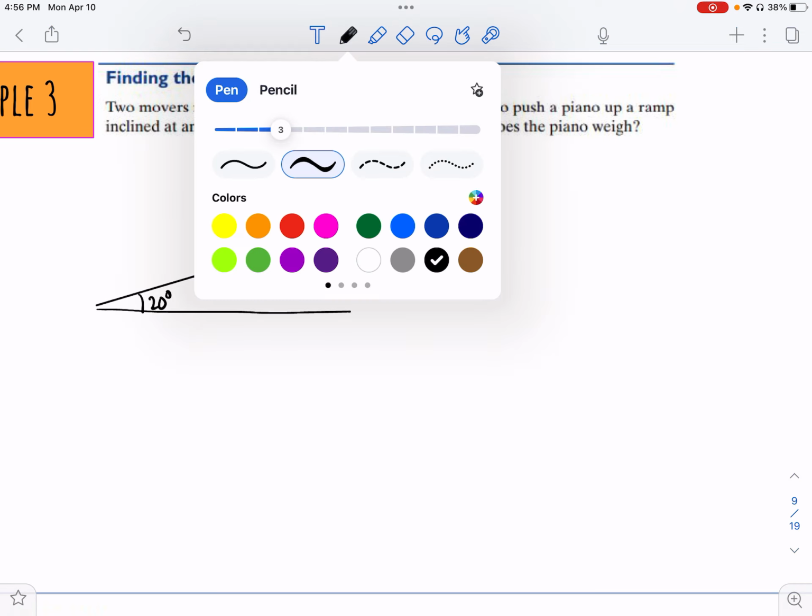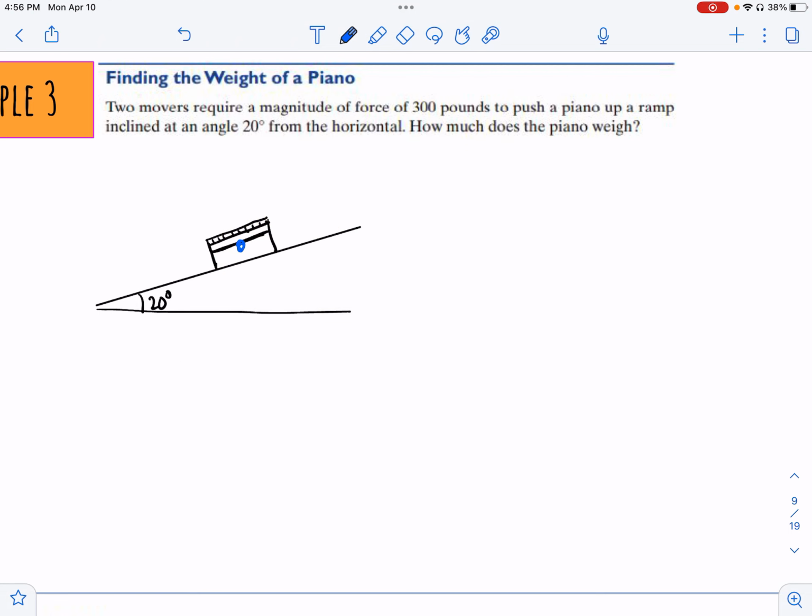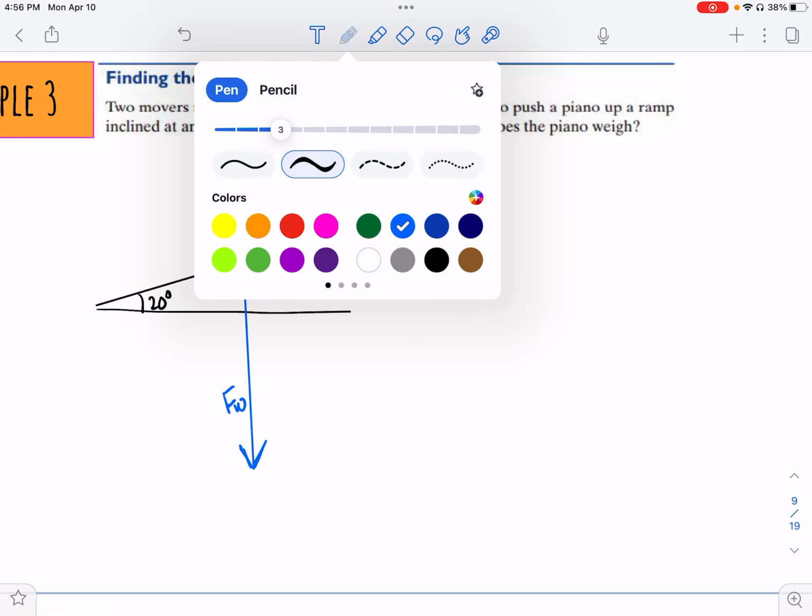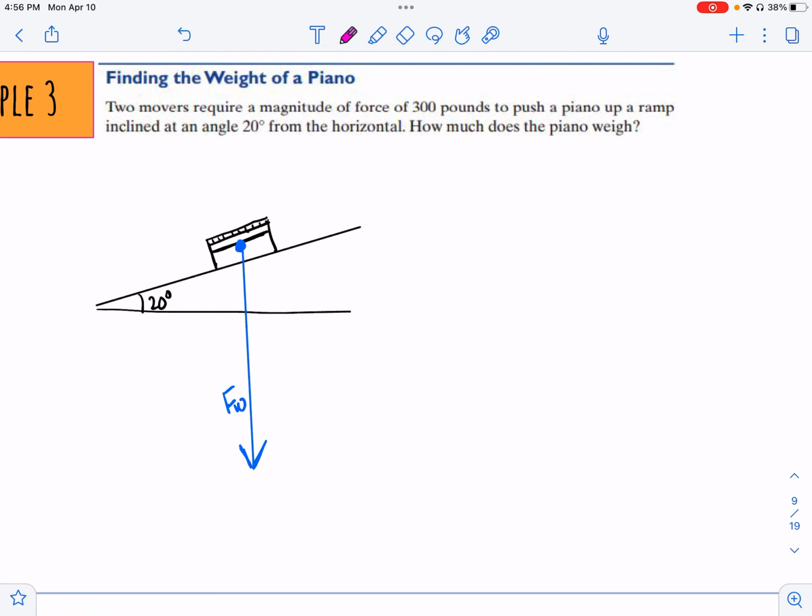And like I said, before I do anything else, we already know that the center of the object will be exerting a force downwards towards the center of the earth, which is automatically the force of the weight. Now they're also saying two movers require a magnitude of force of 300 pounds. So here, this force they have to apply, 300 pounds, to keep it rolling upwards.